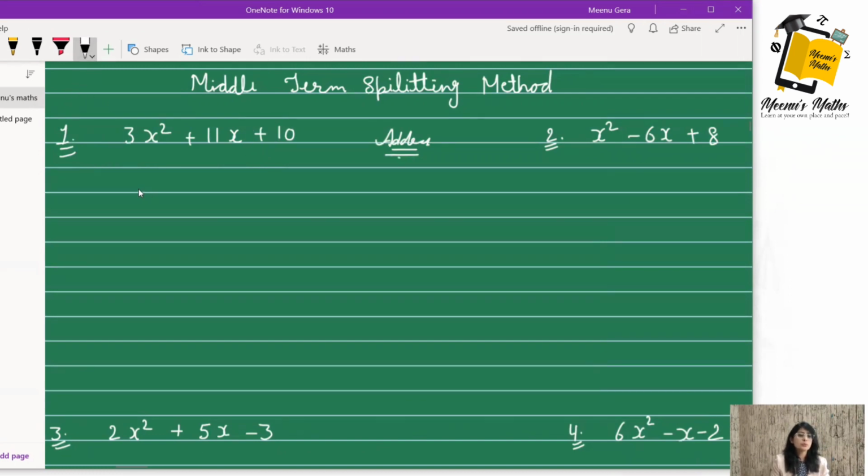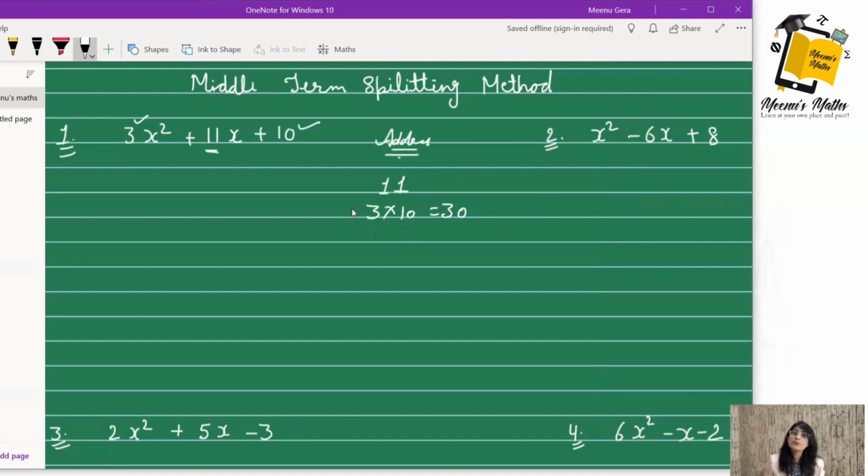Now what is the next step? Look at the middle term. This is 11. Look at the first term and last term, that means the coefficient of x square and the constant. Multiply these. This is 30.